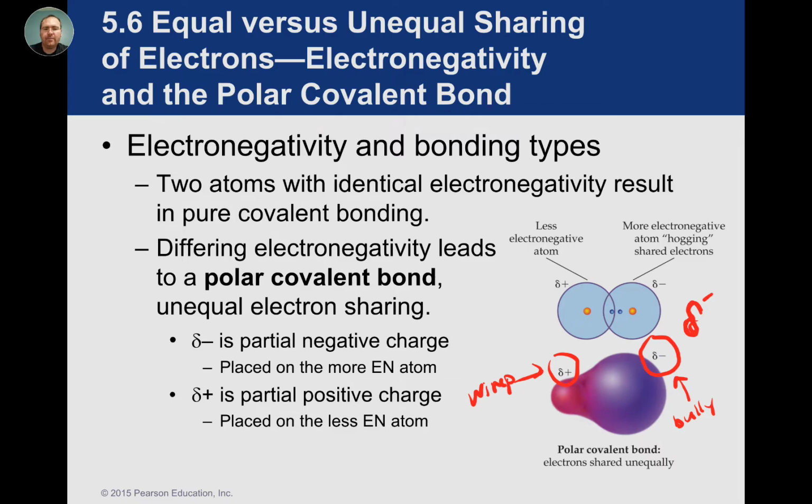Because atoms and molecules have partial positive and negative charges, those can attract other partial charges from other atoms. If this is a partial positive, it can attract another partial negative. If this is a partial negative, it can attract another partial positive. And that's what holds the entire living world together.